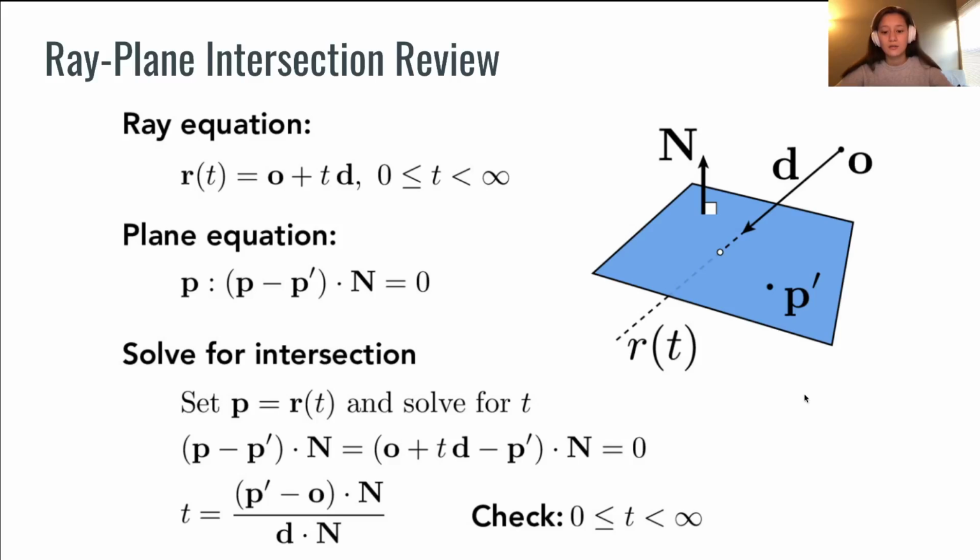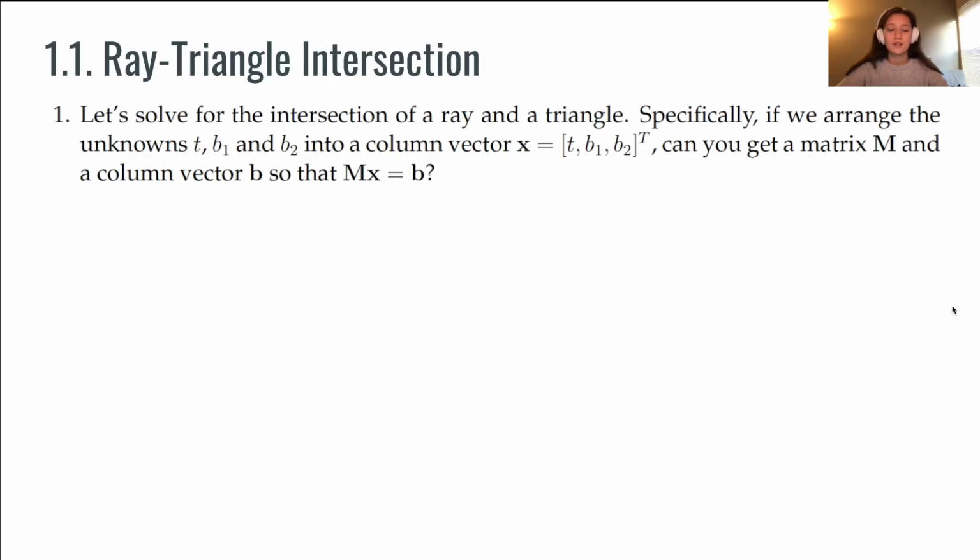Okay, and we also have to check that this time is greater than 0 and less than infinity. If it's not, then that means that this ray does not intersect our plane. So let's try the same approach for ray triangle intersection.